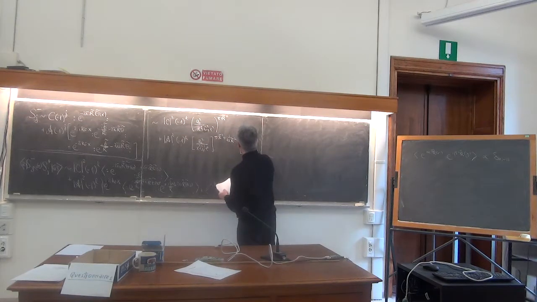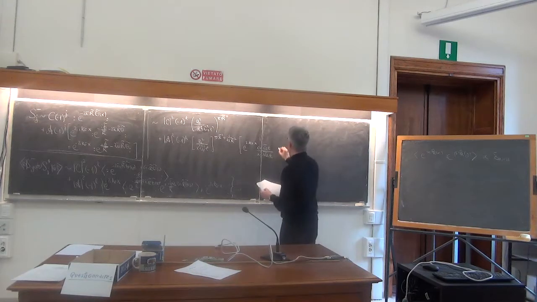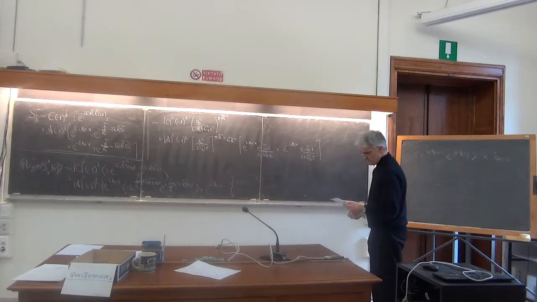And here we get e to the 2i k_F x, times x plus v_F t divided by x minus v_F t, plus e to the minus 2i k_F x, times x minus v_F t divided by x plus v_F t. Okay? And so that is the final answer.